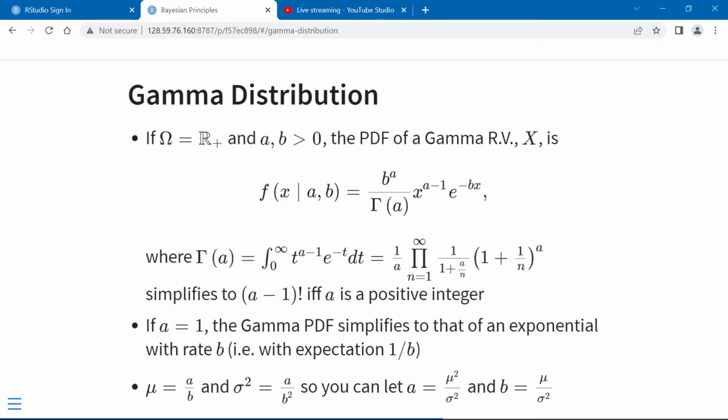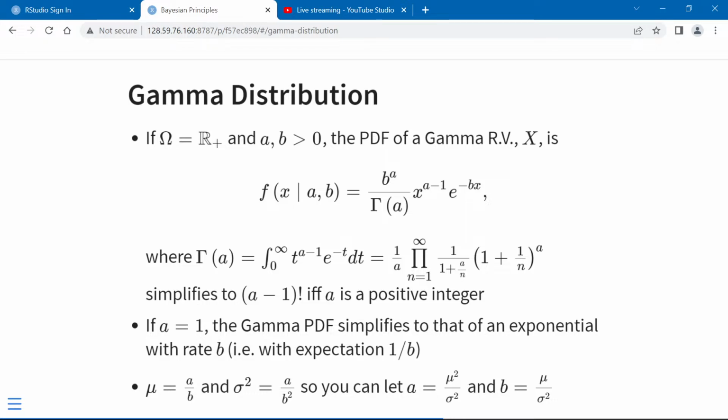And the gamma function for positive real numbers a can be thought of as a continuous generalization of the factorial function for positive integers. Namely, gamma of a is equal to a minus 1 factorial if a happens to be a positive integer. But the gamma function is valid for any positive a, which could be continuous, whereas the factorial function is only defined for integers.